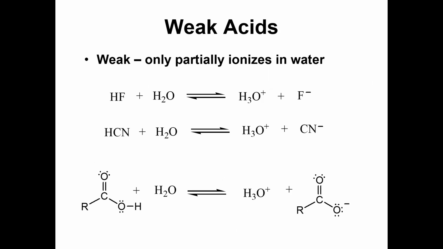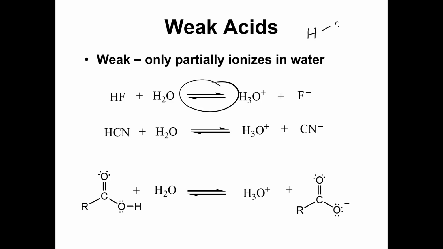Okay, so let's look at weak acids. Like I said, it's the same idea. The one that's listed in the table is HF, and every time you see the equilibrium arrow here, that most likely implies that we have a weak acid. The H plus actually attaches to the H2O, right?